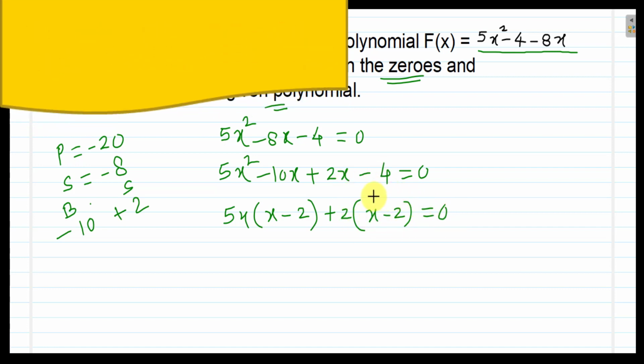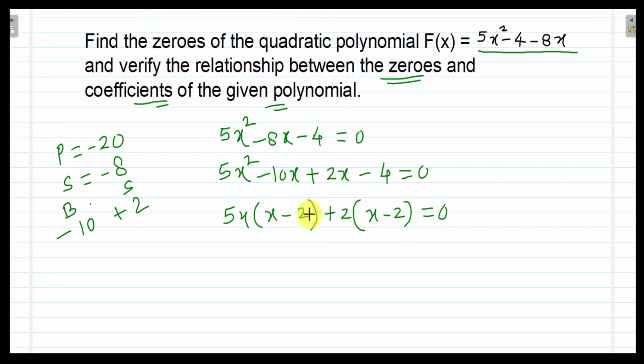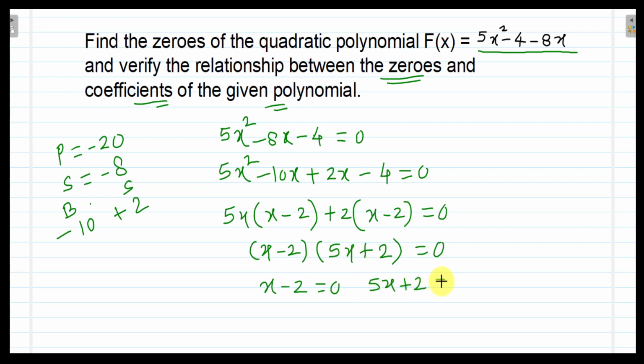That is equal to 0. So again x minus 2 is a common factor. So x minus 2, inside the bracket it is 5x plus 2, which is equal to 0. So either this bracket should be 0 or this bracket should be 0, so that the product of the two brackets will be 0. So 5x plus 2 should be equal to 0.